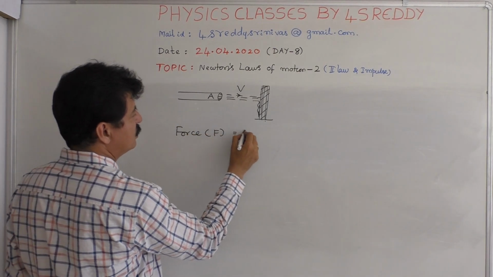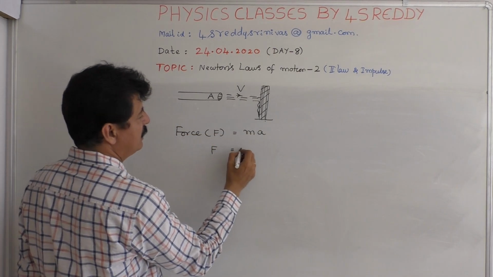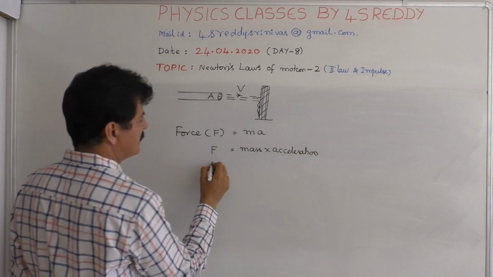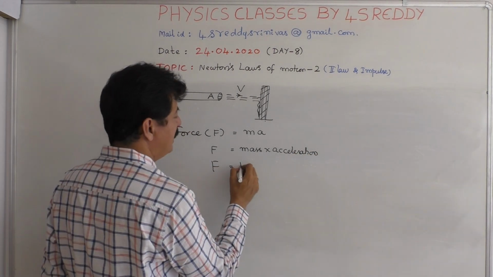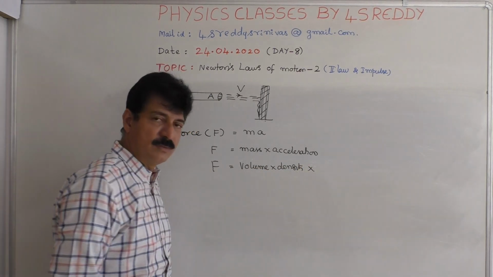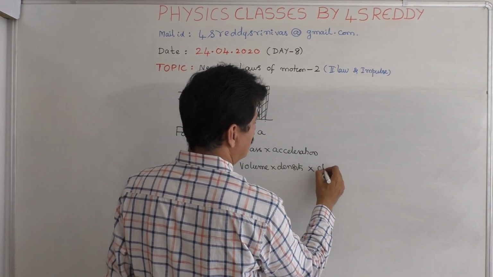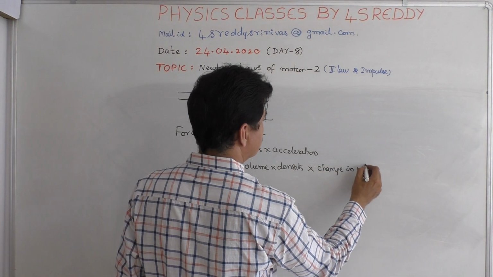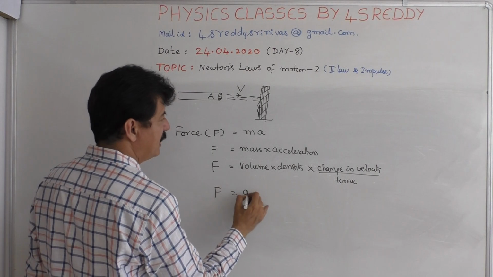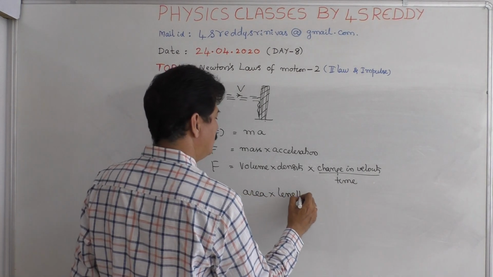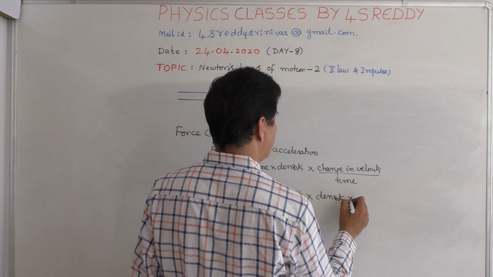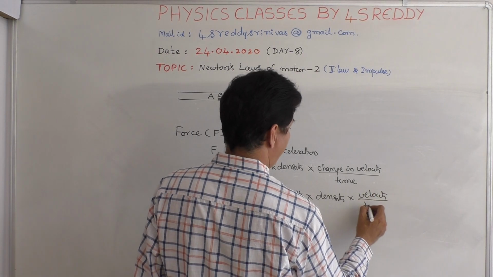Therefore, the basic formula is known. Force F is equal to ma, that is nothing but mass into acceleration. That mass into acceleration can be written as volume into density, because we have to find out in terms of density and all. Therefore, acceleration is change in velocity by time. Again, volume can be written as area into length, into density into velocity by time.